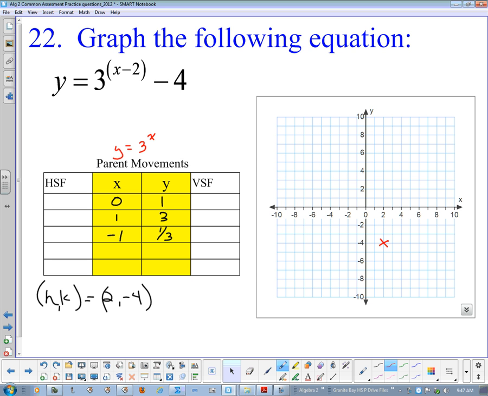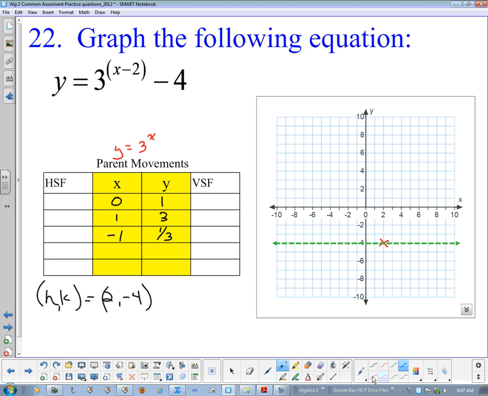Now, since this is an exponential function, what kind of asymptote does it have? Anyone know? Horizontal. Guys, logarithms and exponentials are inverses of one another. So a logarithm has a vertical asymptote, and an exponential has a horizontal asymptote.